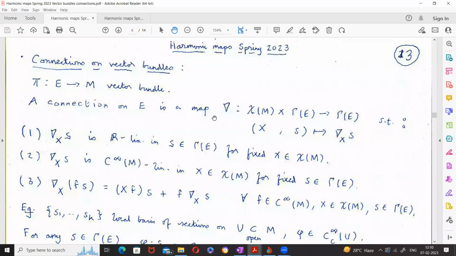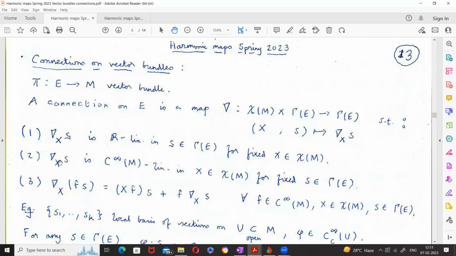So it's going to be a map from chi-M cross gamma E to gamma E, (X, S) goes to nabla X S, such that, first of all, nabla X of S is R linear in S for a fixed X. If I multiply S by a scalar, that scalar comes out, and nabla X of S1 plus S2 is nabla X S1 plus nabla X S2.